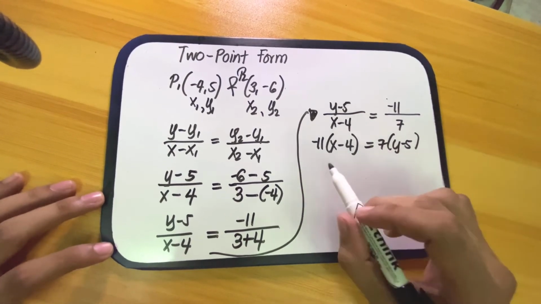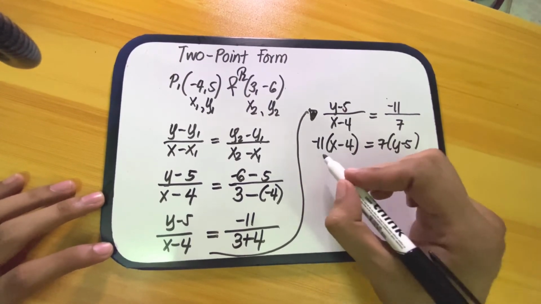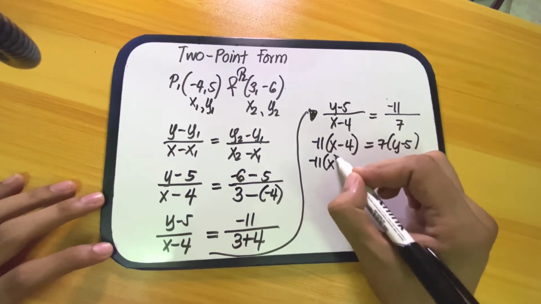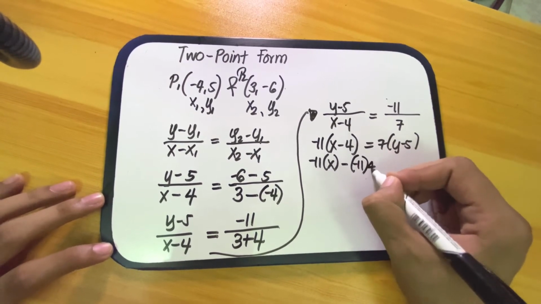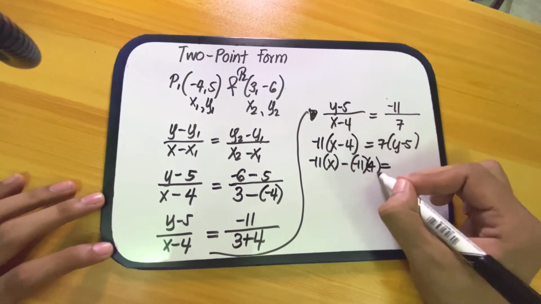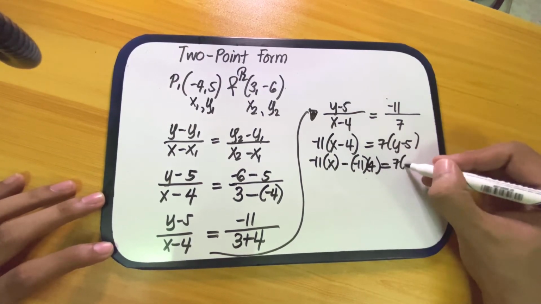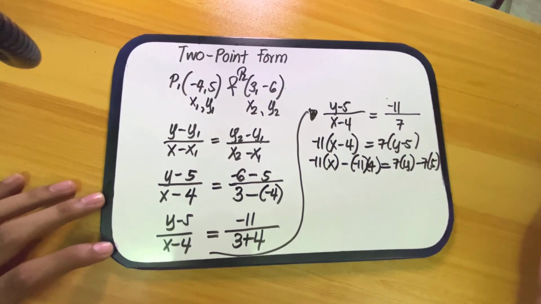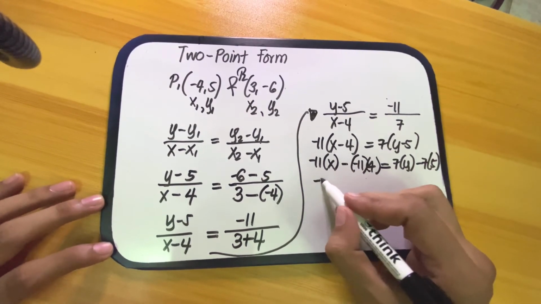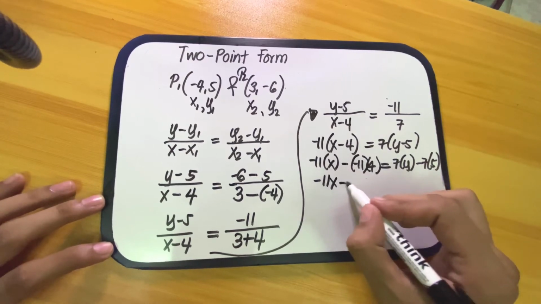Okay, so negative 11 times x minus negative 11 times 4, right? Equals 7 times y minus 7 times 5. So negative 11x, this is minus.